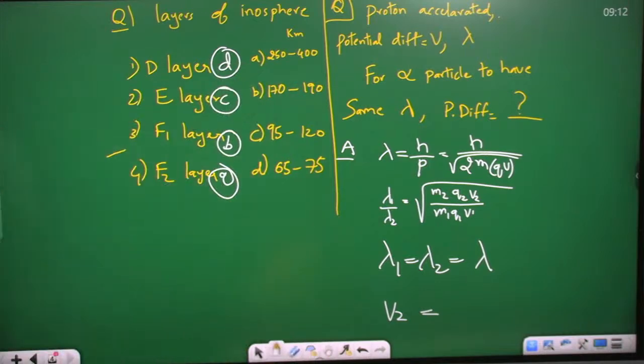See, hints are given. Come on, people working online. Okay, some are really doing good. How do you find v2?